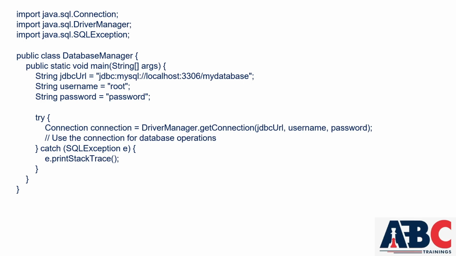In the try block, we create the connection using the getConnection method. In getConnection, we pass the JDBC URL, username, and password. Then the connection to the database, and then we add the catch block. We pass the exception, SQLException.